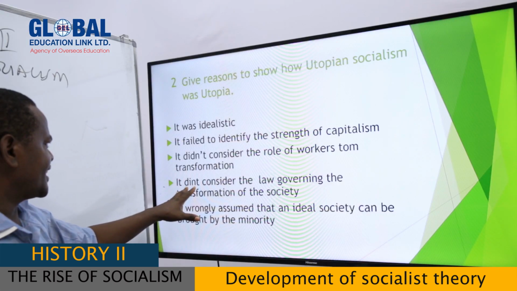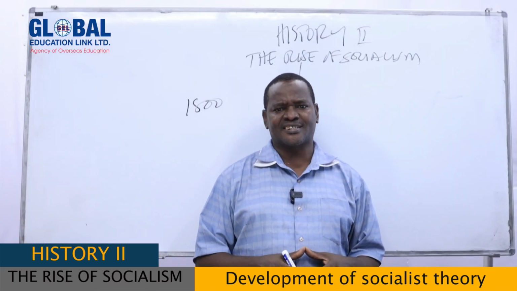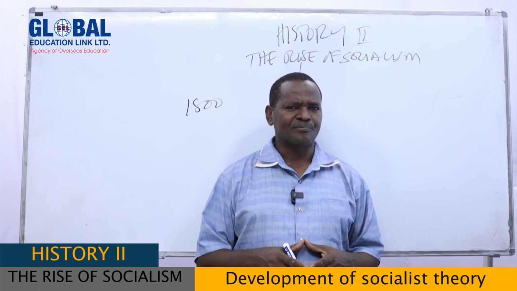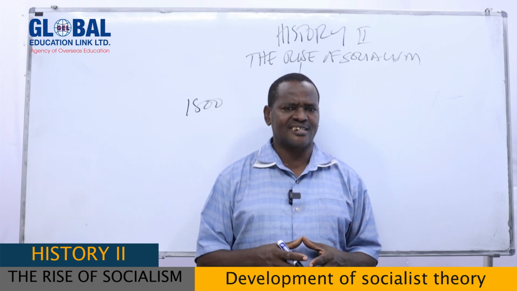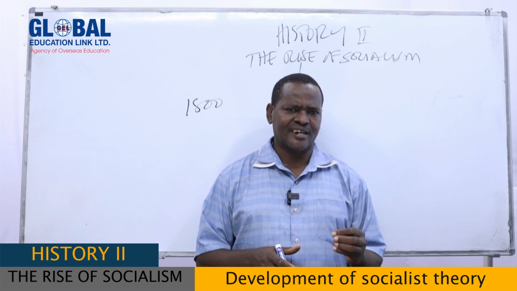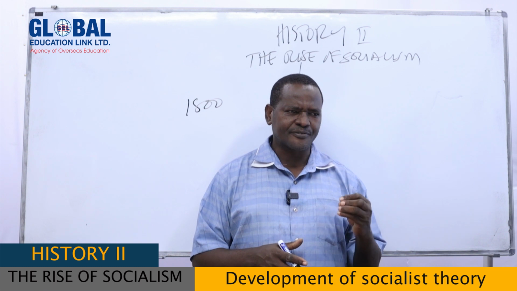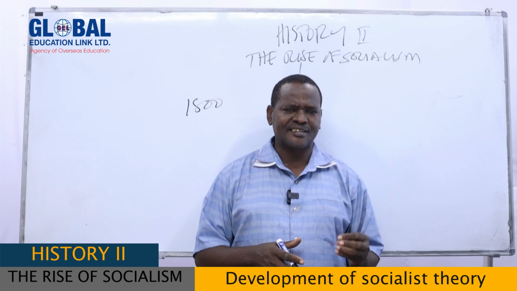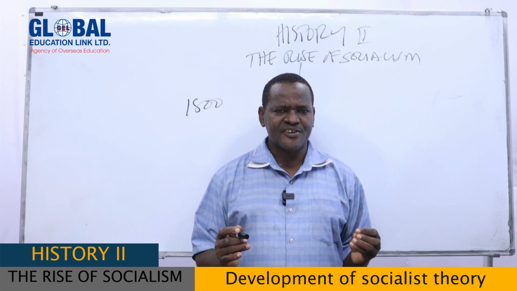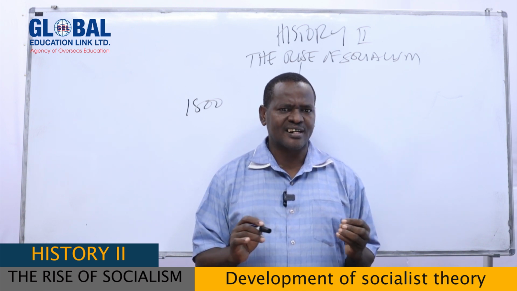Another point is, it did not consider the law governing the transformation of society. There are some laws which govern the transformation of society. According to Marx, for instance, the transformation of any society is caused by class struggle. If you look at society from primitive communalism, to slavery, to feudalism, to capitalism, and so to socialism, the transformation is basically caused by the struggle between one class and another.